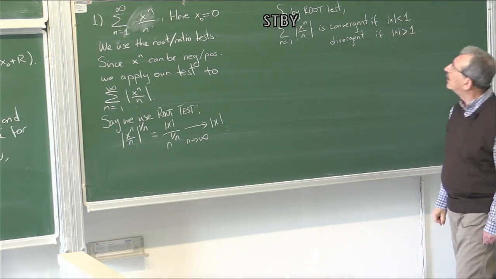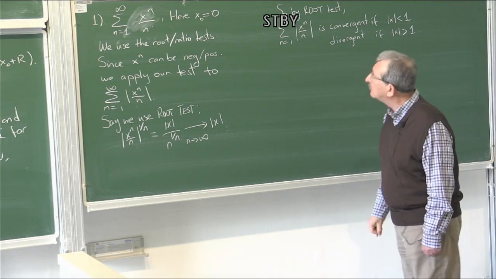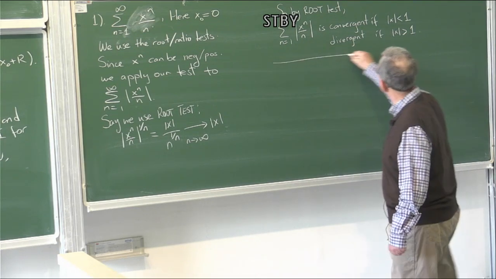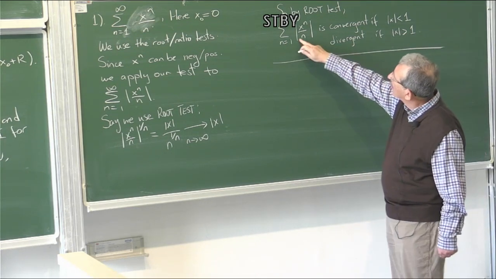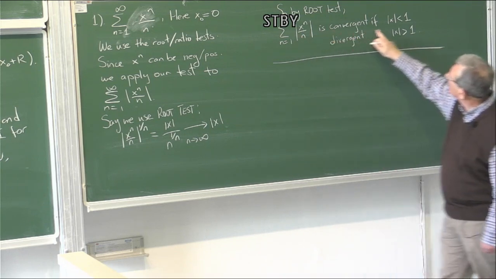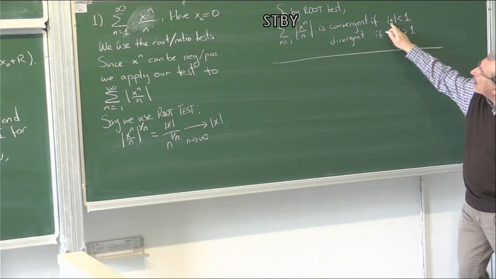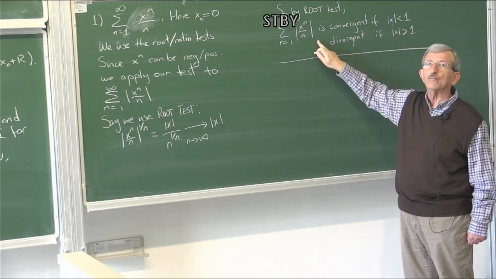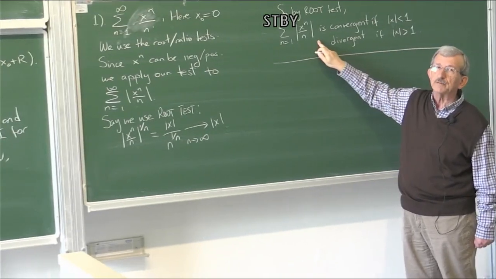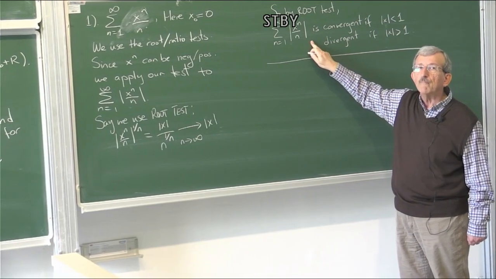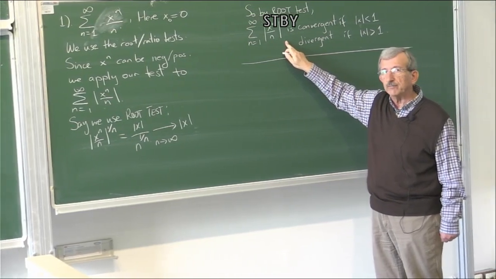Okay, here we have one little problem, namely, because of the first condition, that is, if absolute x is strictly less than 1, then we have convergence with absolute value. Well, this implies, of course, absolute convergence for the original series.